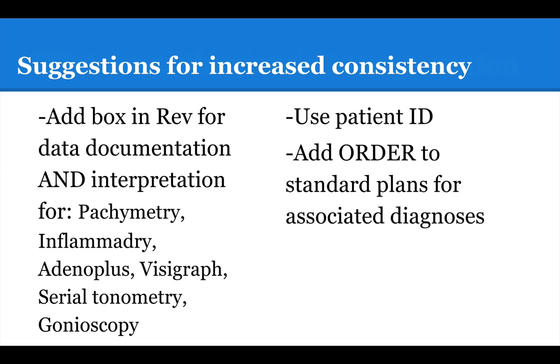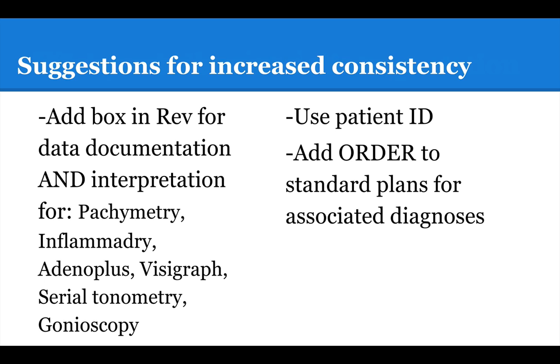And there are just a few ways that we can increase our consistency in our documentation of these tests. For some of the special testing, we have really great boxes in Revolution that kind of prompt us to provide the data and the interpretation.